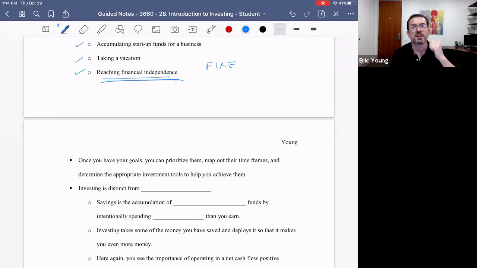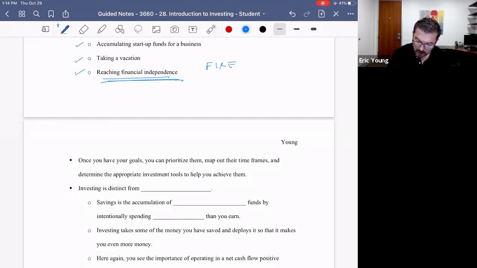So in other words, if you get to a point where you do your personal financials and you say, I need $4,000 a month to get by because that's my monthly expenditure, you might define financial independence as my investments generate $4,000 per month of passive income in terms of dividend income or capital gain income, stuff like that, okay? Interest income, rental income. Anyway, however you define it, those are some common personal financial goals.